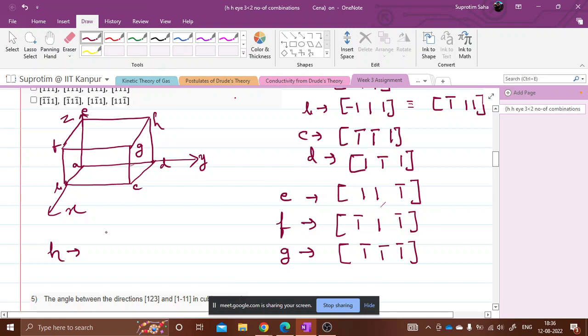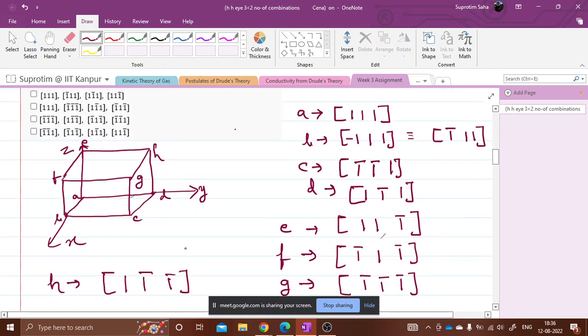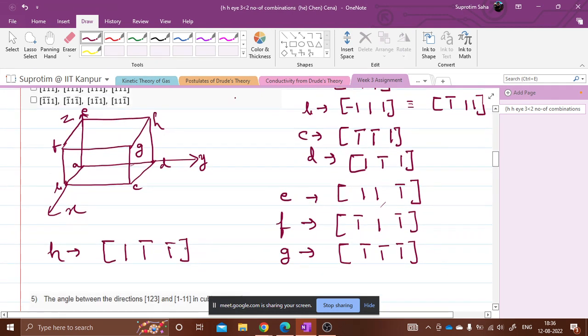So positive in X, negative in Y, and negative in Z, right? All right. So positive in X, negative in Y, and negative in Z.